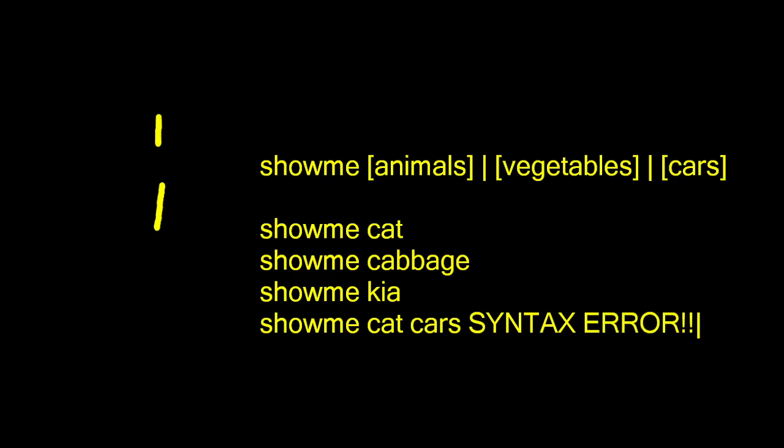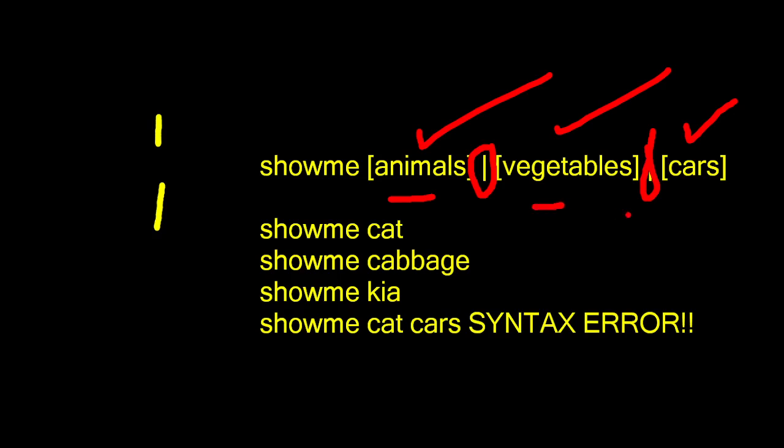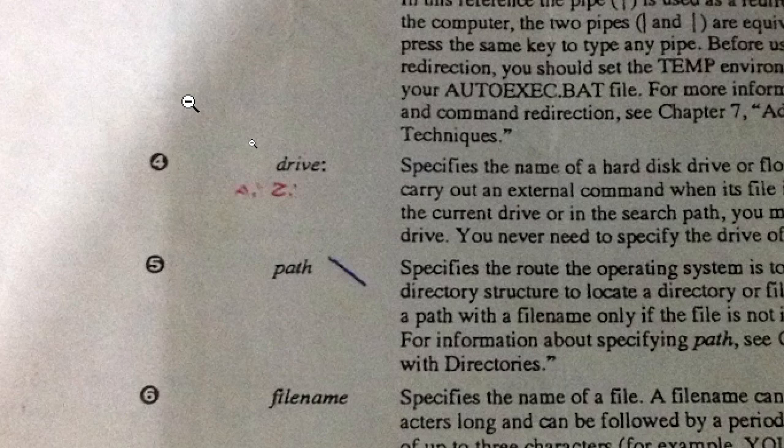Why? Because the programmer is asking you to type only either animal, vegetable, or cars. Because of this delimiter, the limit limits the command, meaning you have to choose only one. Understand?